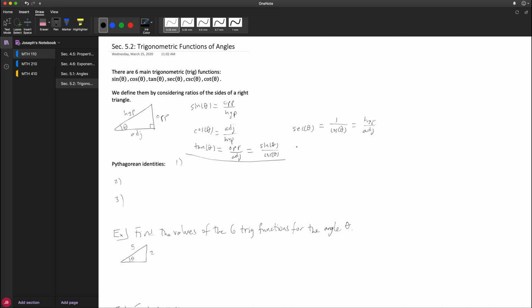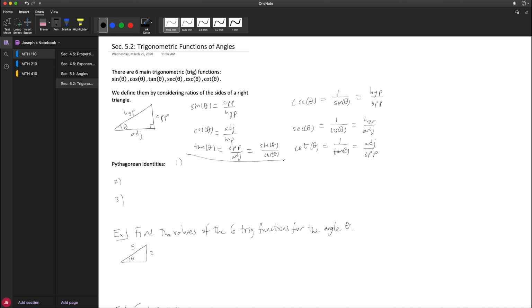The cotangent of theta is 1 over the tangent of theta, and so that's defined to be the adjacent divided by the opposite. And finally, we have the cosecant of theta, which is the reciprocal of sine of theta, and that's defined to be the hypotenuse over the opposite. Just flip the fraction upside down in each of the 3 cases.